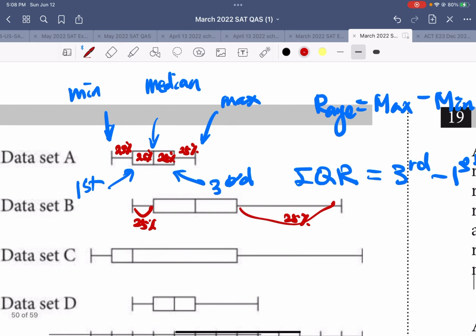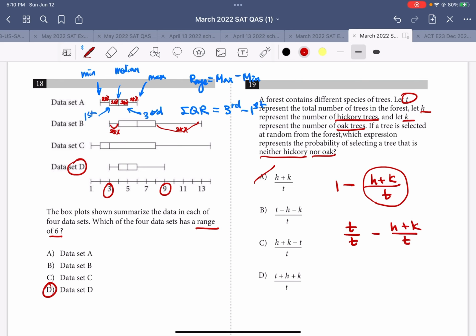This one represents the probability it will be hickory or oak. So 1 minus that is the probability it will be neither hickory nor oak. Okay, so which one represents that? Definitely not this. So T over T minus H plus K over T, so that is T minus H minus K over T. Answer B. Okay.